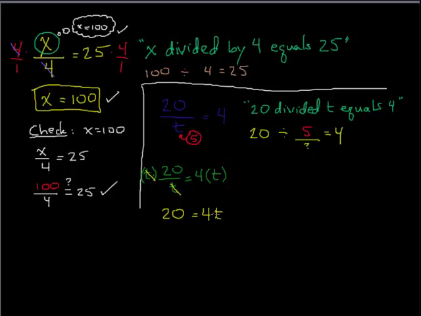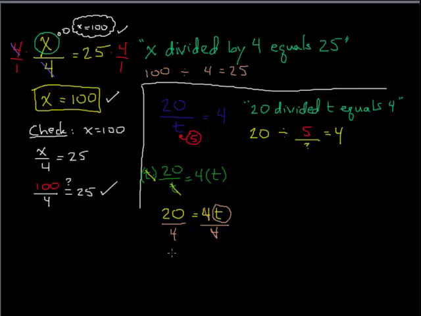All we want to do is get t all by itself. So we need to get rid of this 4. If we divide by 4, then this will cancel. But remember, whatever we do on one side of the equation, we've got to also do on the other side. So these 4's cancel, and we're left with t equals 20 divided by 4.